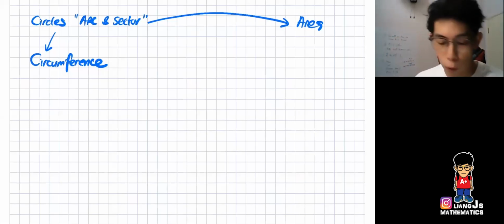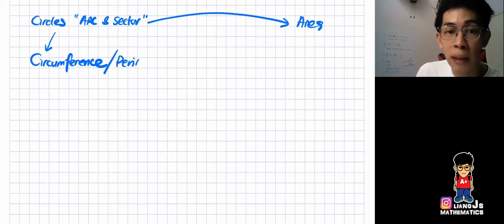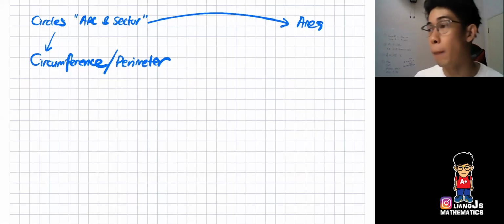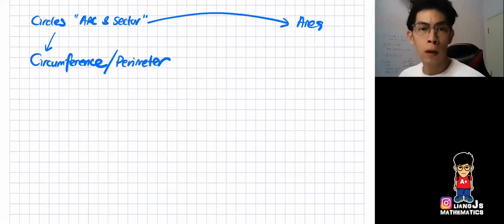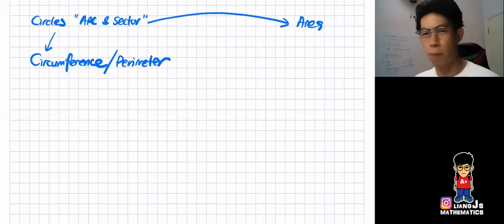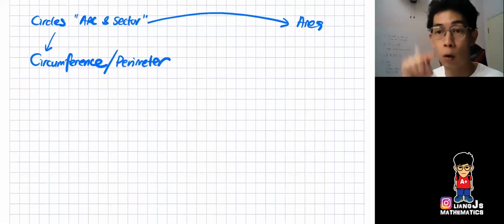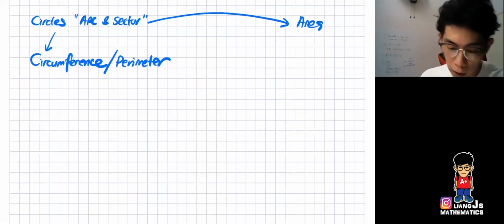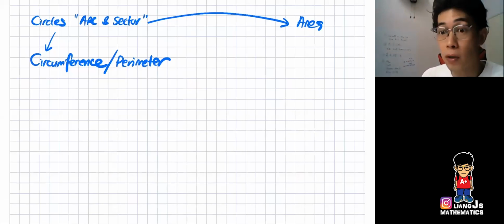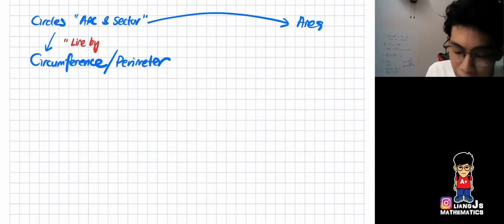Circumference has another name: we name it as perimeter as well. Can you put that word there? Perimeter. What's the meaning of perimeter? Perimeter means all the outer lines. I want you to write using a different color if possible, line by line.